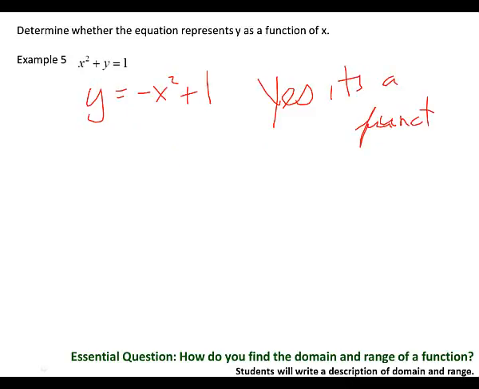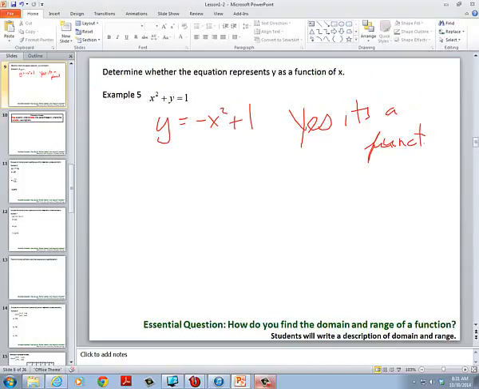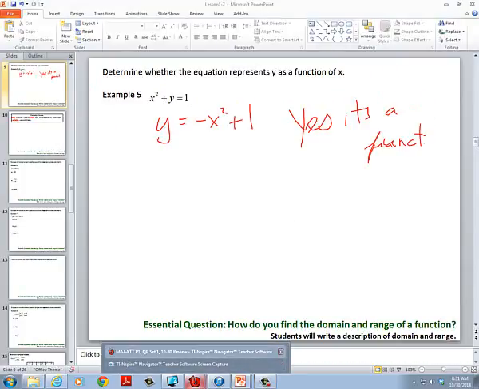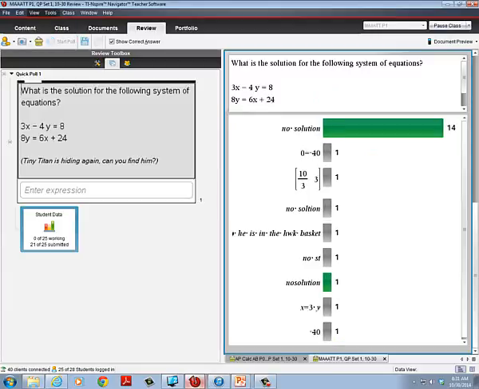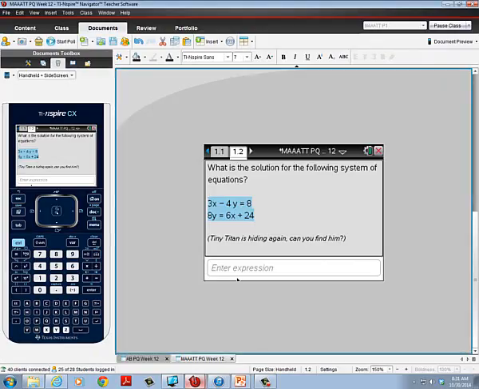Alright, I want to look at it really quickly in the calculator, okay? So we're going to put the first one in. Everybody do it with me. I wanted you to be able to see it to do the vertical line test on it too. I'm just going to go to my scratch pad.